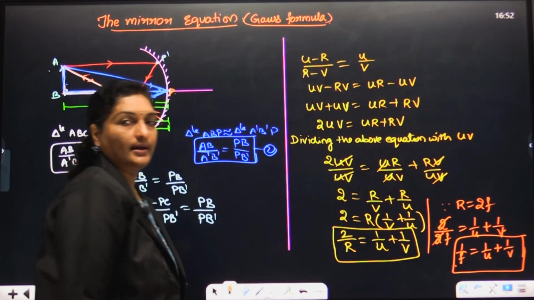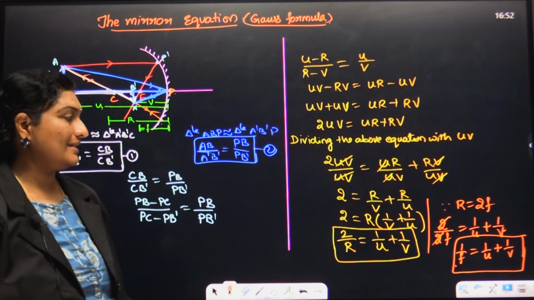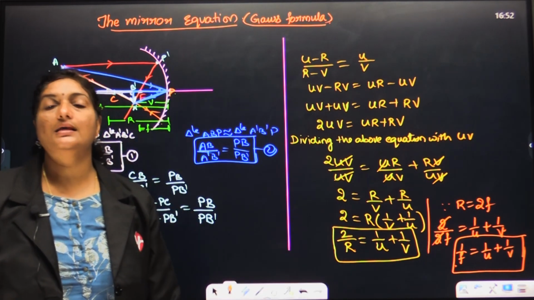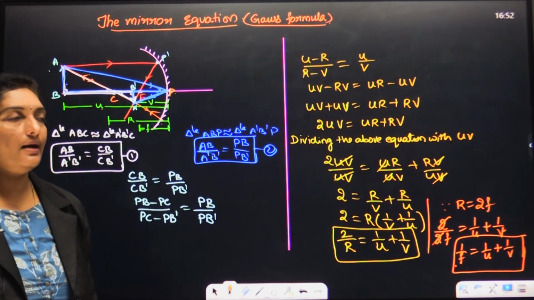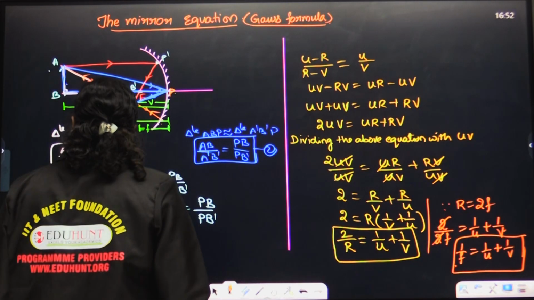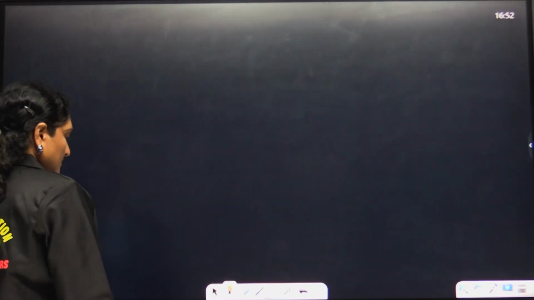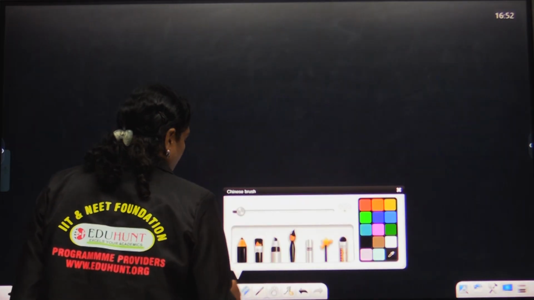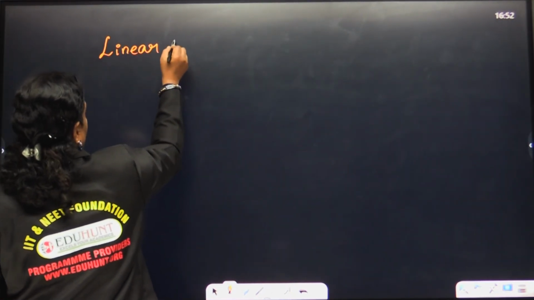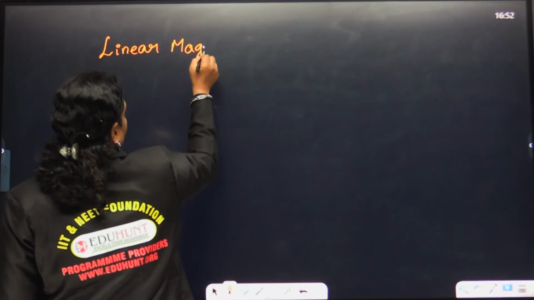This relation between object distance, image distance and focal length is called your mirror equation. Now moving to the next one, all about magnification, or generally called linear magnification.